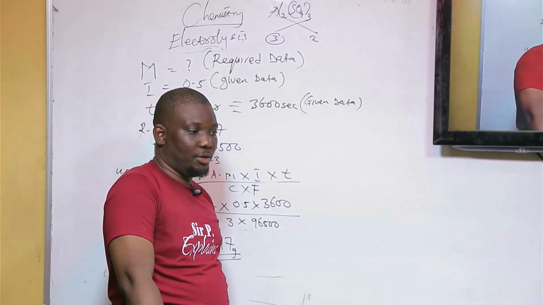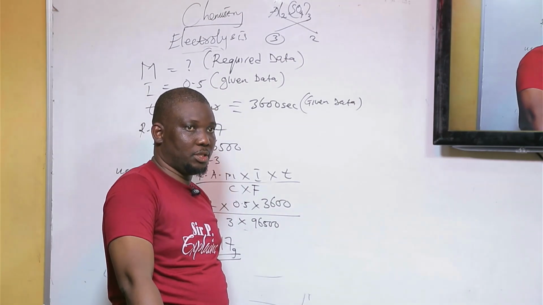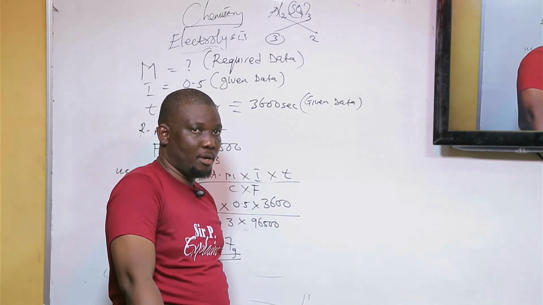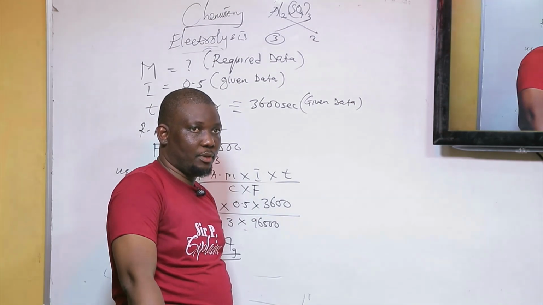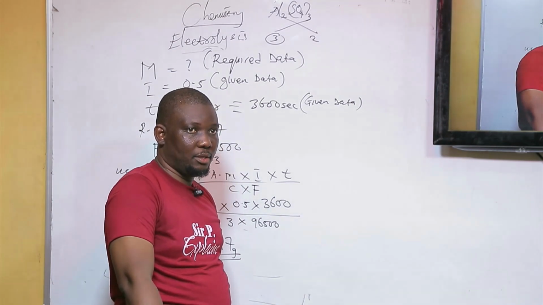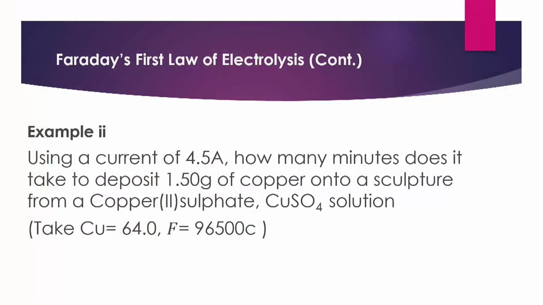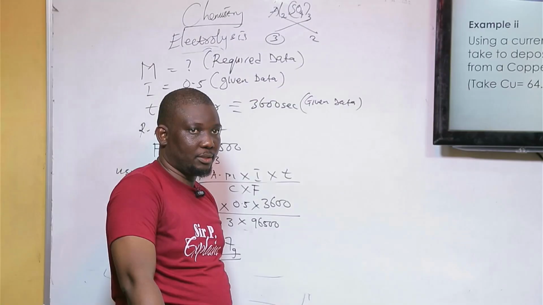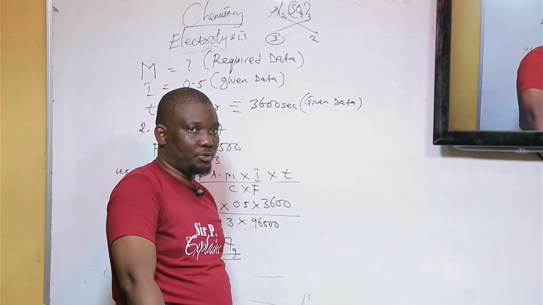Using a current of 4.5 ampere, how many minutes does it take to deposit 1.5 gram of copper from a copper 2 sulfate solution?